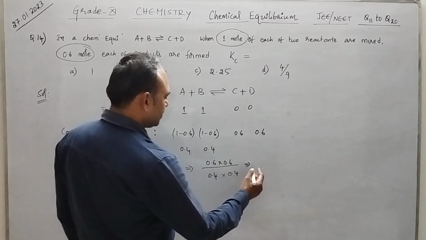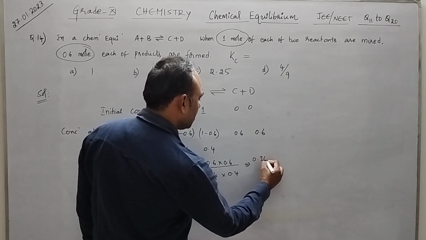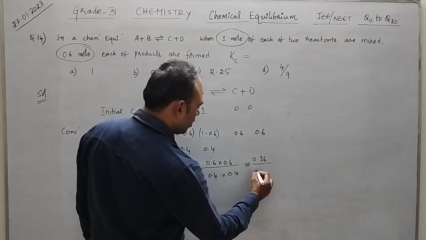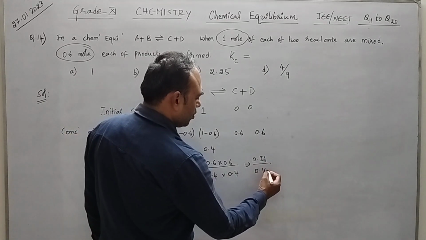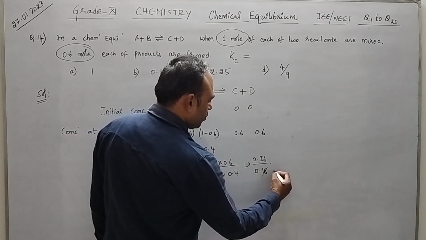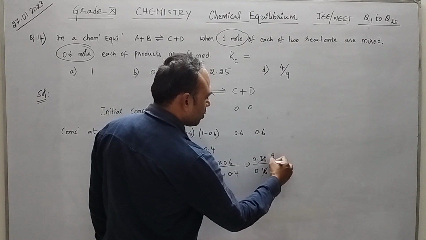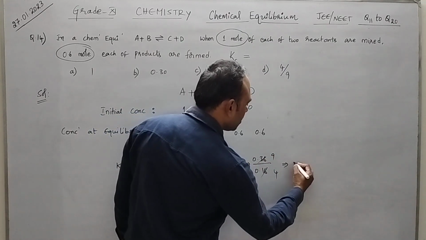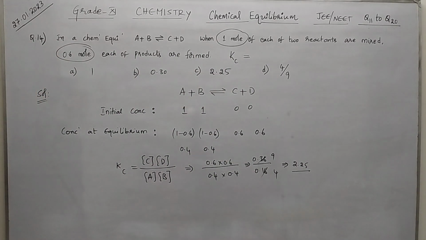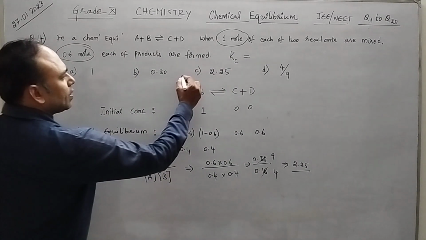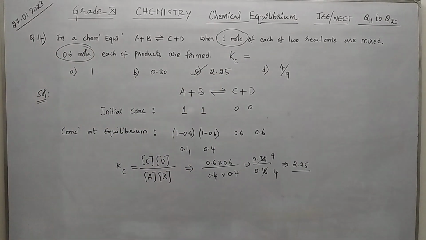So nothing but 6 sixes are 36, so 0.36 by 0.16. So you can cancel this. So 4 fourths and 4 nines you can take, nothing but 2.25. So we get the value of equilibrium constant as 2.25, nothing but option C. Hope you have understood this. Copy the solution and let's move to question number 15.